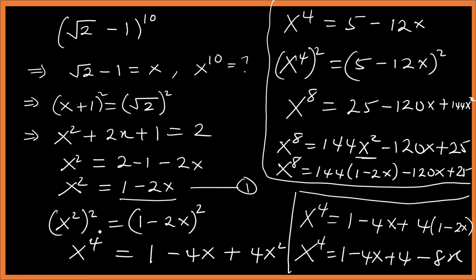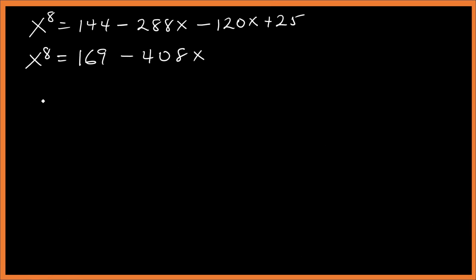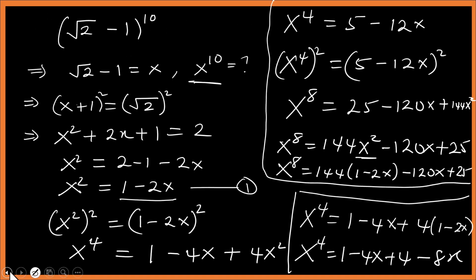Remember, we have x squared here, and we have x to the power 8. When we multiply them, it will give us x to the power 10. So x to the power 8 times x squared is (169 minus 408x) times x squared, where x squared is 1 minus 2x.